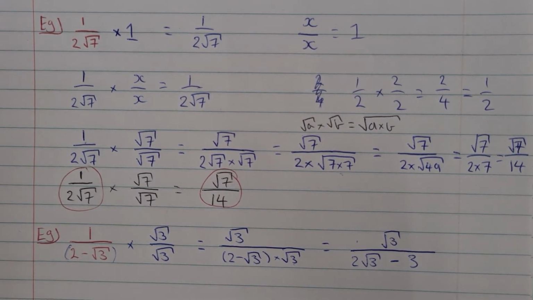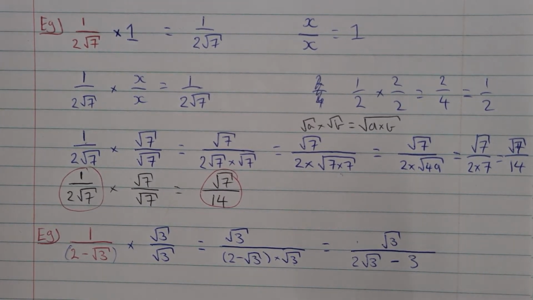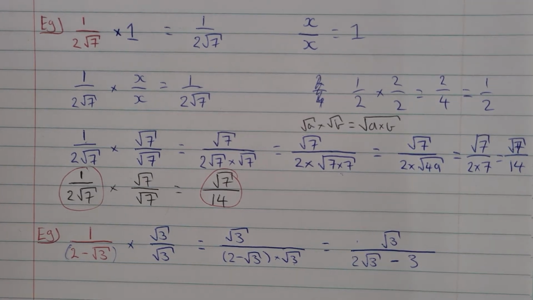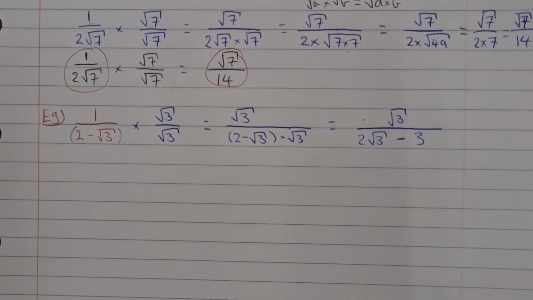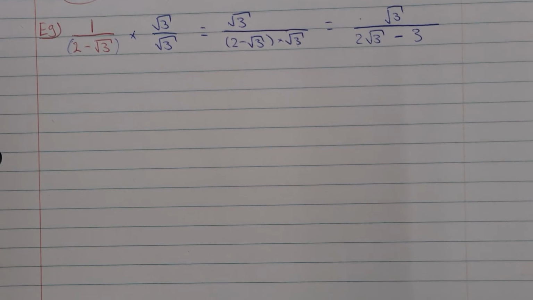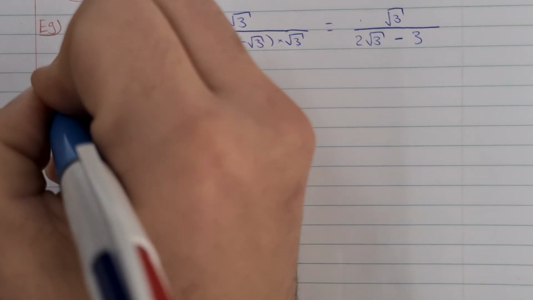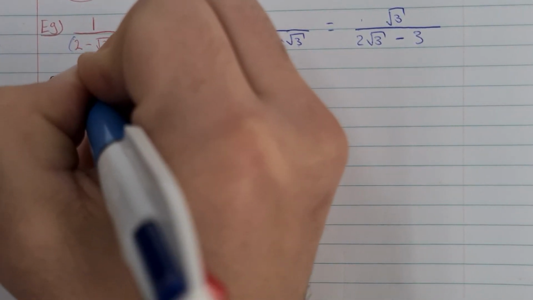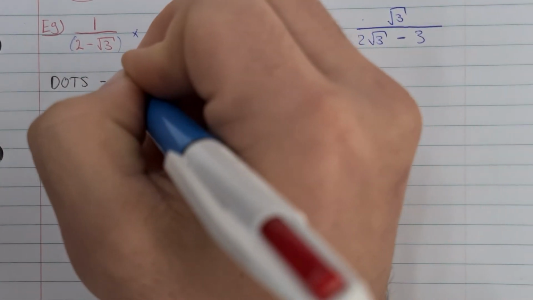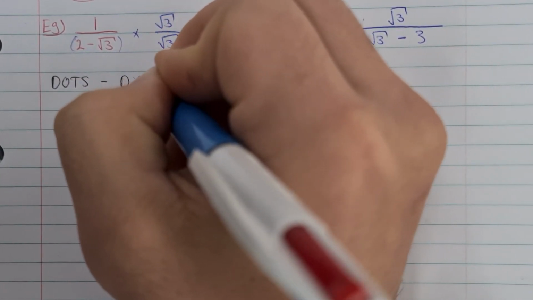So there's an extra piece of mathematics we're going to need to know to help us out here. And that would be the difference of two squares.